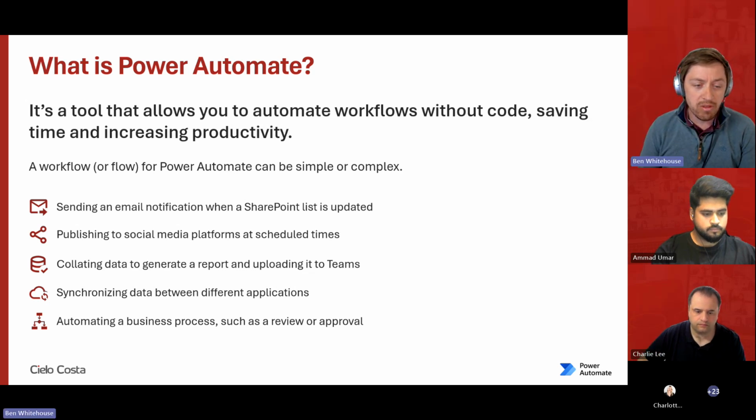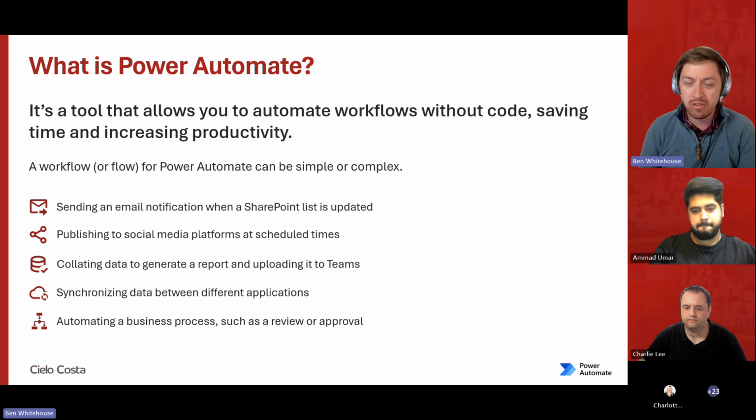Something we see often is the need for reports. You could use Power Automate to collate that data, generate a report, and then automatically upload that report to the relevant team. You could also use Power Automate for synchronizing data between different applications.